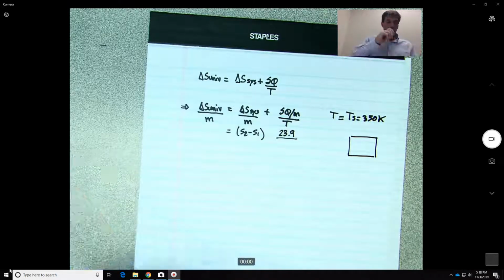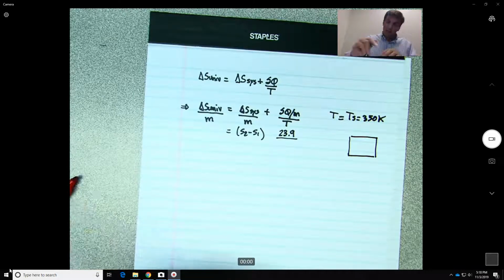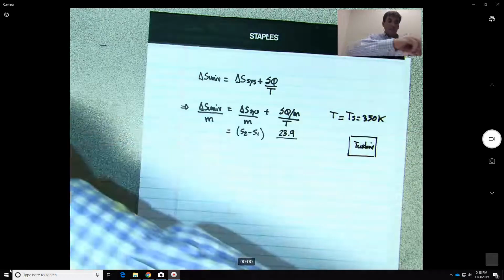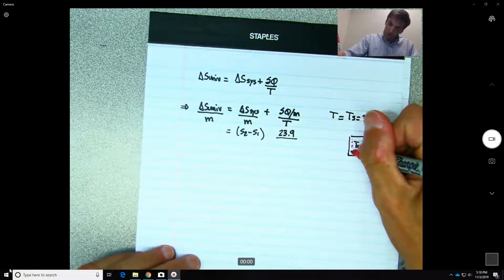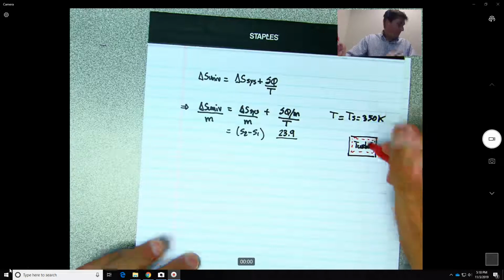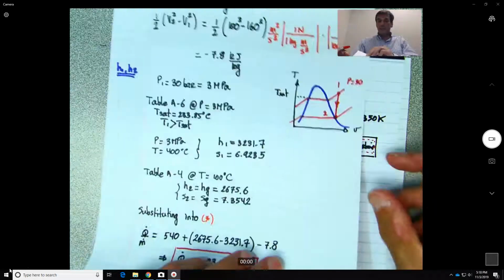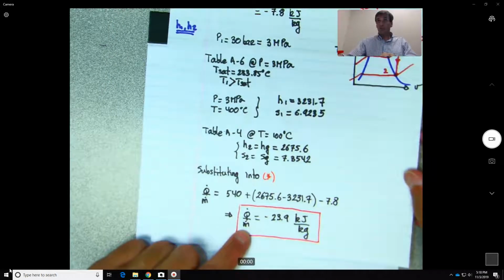All right. So now comes the issue about whether this value is positive or negative. So this is our system. This is our turbine. So this is the control volume. And actually we found the value to be negative. So what does that mean?